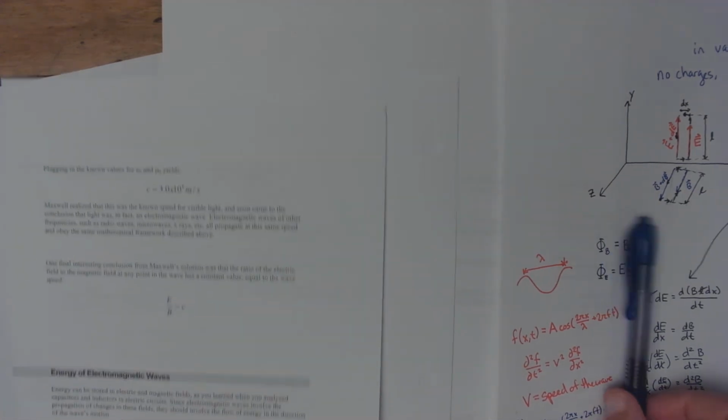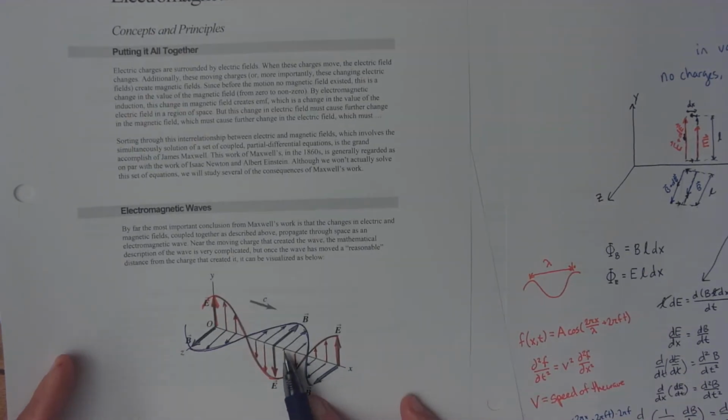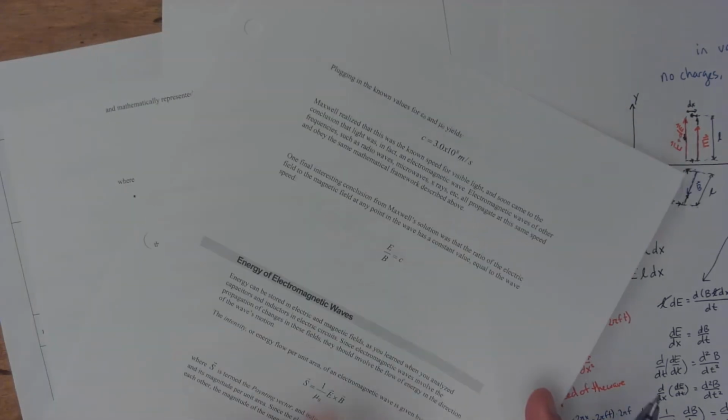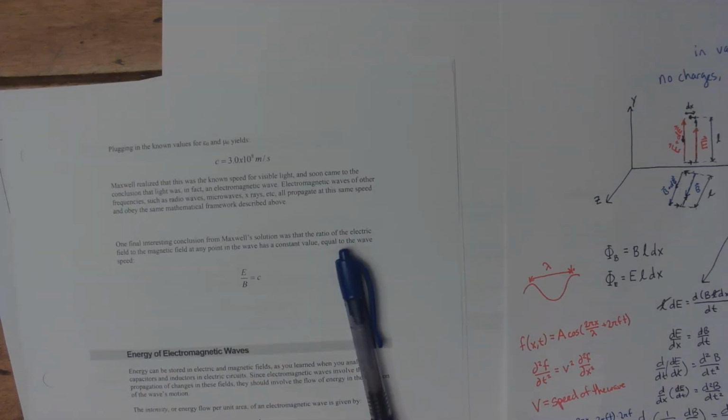So if you look at any point along the wave here and take the ratio, you get the speed of light. Okay, so we're gonna stop here for now.